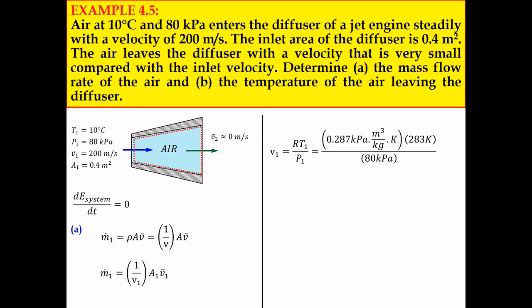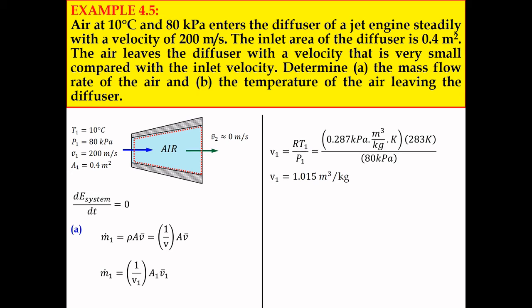divided by P1. Make sure that when we use the ideal gas equation for air, the temperature T1 must be in Kelvin. The gas constant is normally given, with a value of 0.287 kilopascal meter cubic per kg Kelvin, multiplied by T1, where T1 equals 10 plus 273 Kelvin, divided by 80 kilopascal.